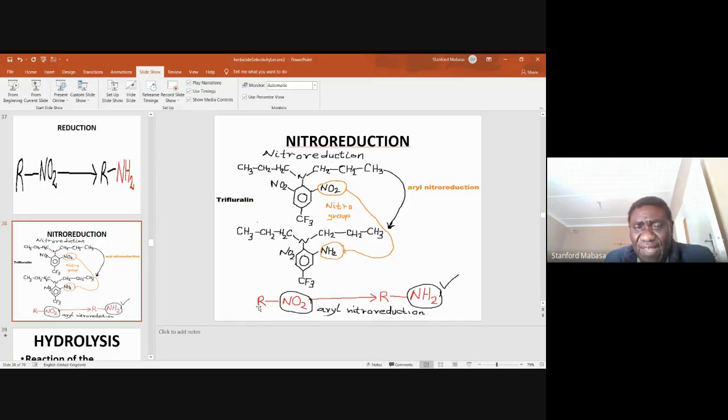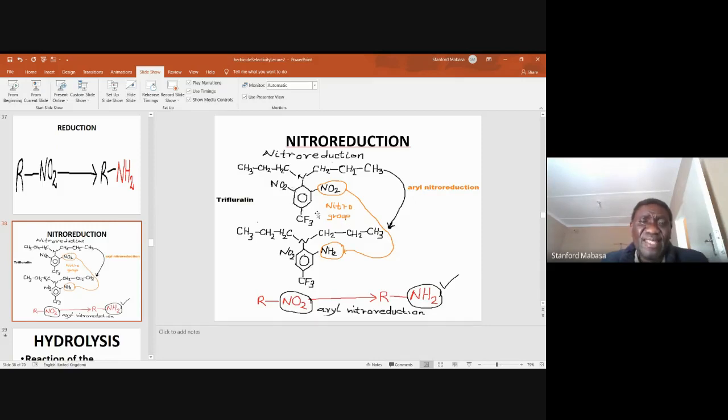Or we can simplify it down here, where we have R representing the complicated structure, and NO2, what is important, is converted to NH2. But if you look at the structure of trifluralin, there are possibilities that we can break it here by N-dealkylation, which can take place twice, on the left and on the right.